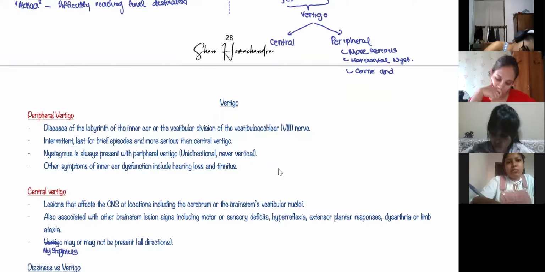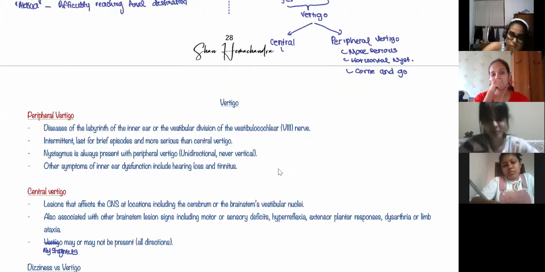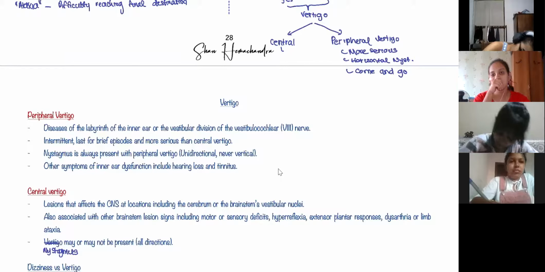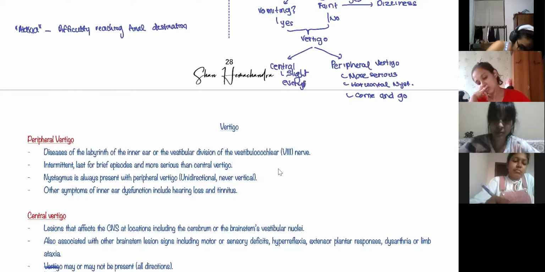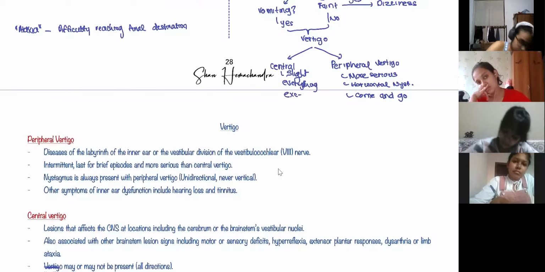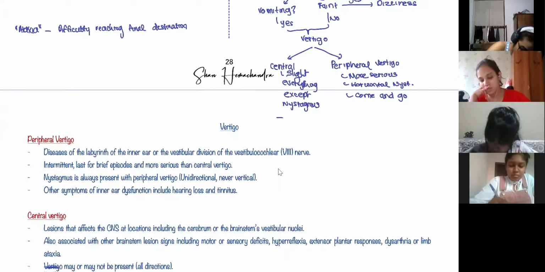When it comes to central, it is more difficult to identify that, because slightly everything except the nystagmus, which is in all directions.